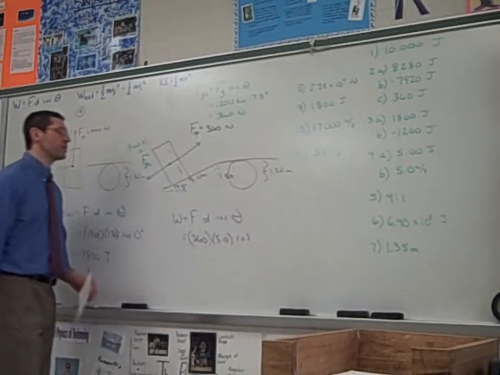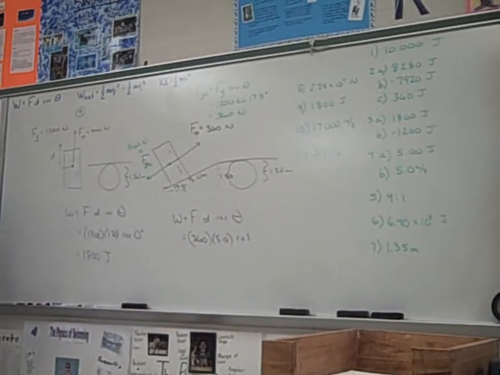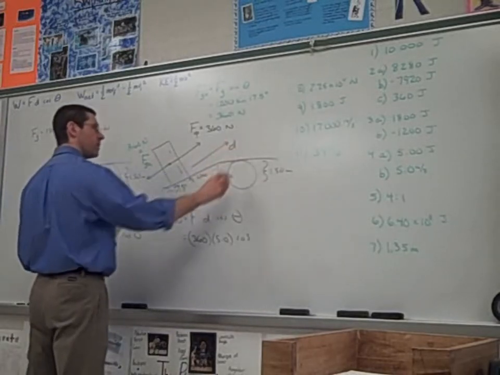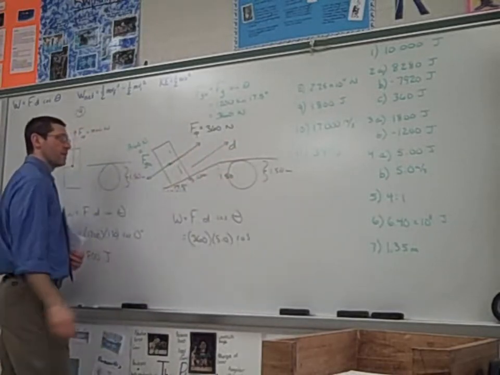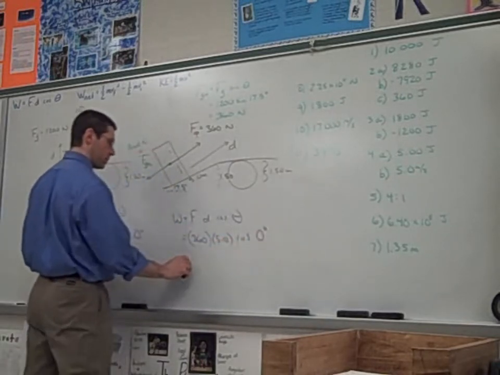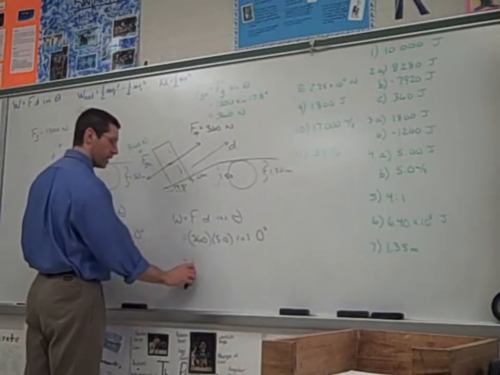And what is the angle between the displacement and the force? 0, right? The displacement, again, is up, and the force is up. So therefore, that's a cosine of 0. And you get 1,800 joules.